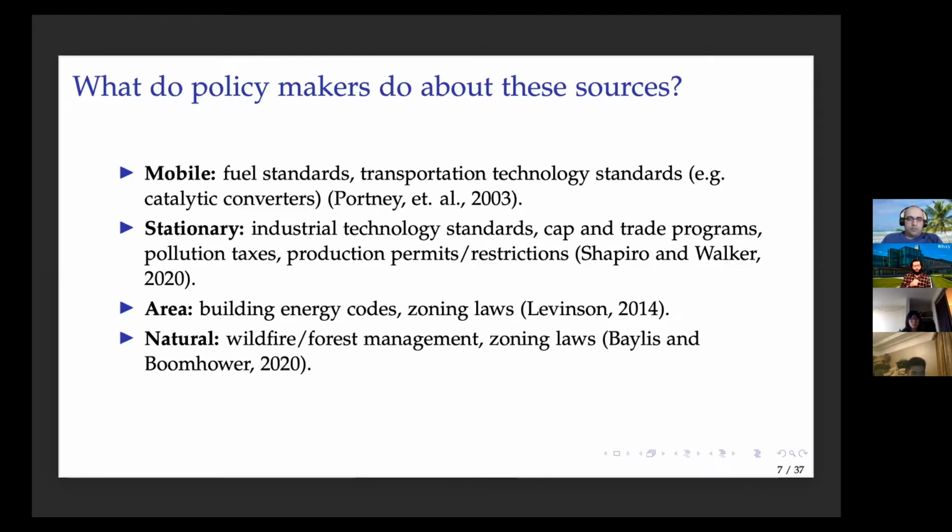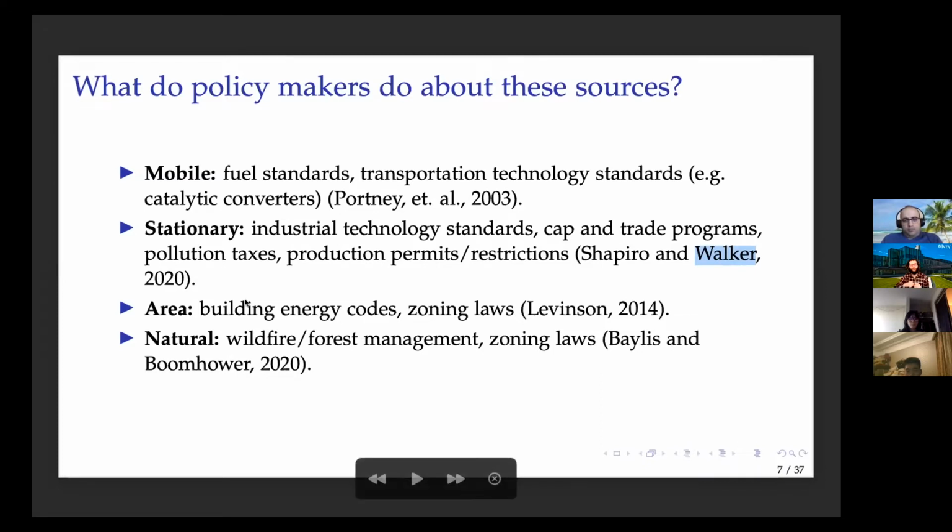Or production permits and production restrictions, which can flat out say, here's a cap on emissions for air pollution reasons. And so there was one blog I shared with you written by Reid Walker that talks about a paper he has with Joe Shapiro that looks at one of these mechanisms in the US.